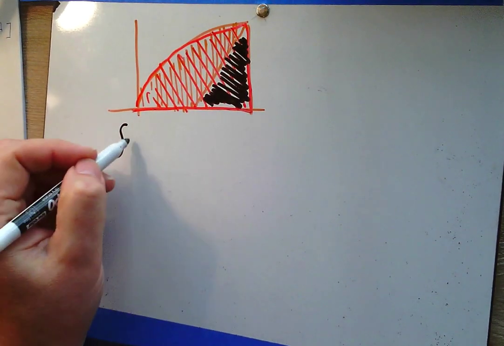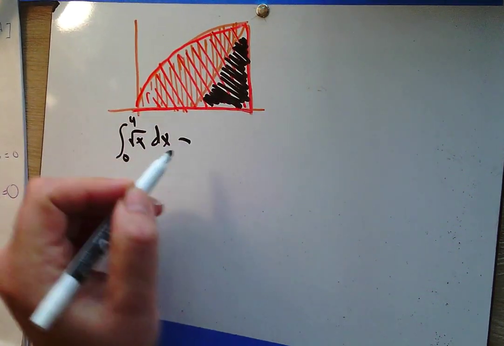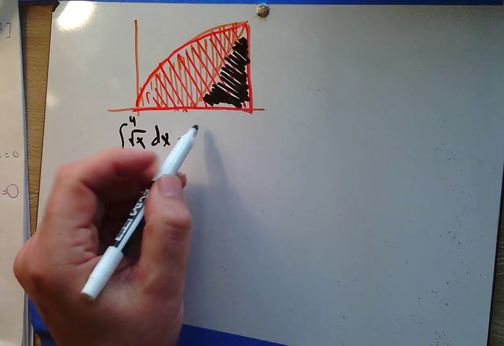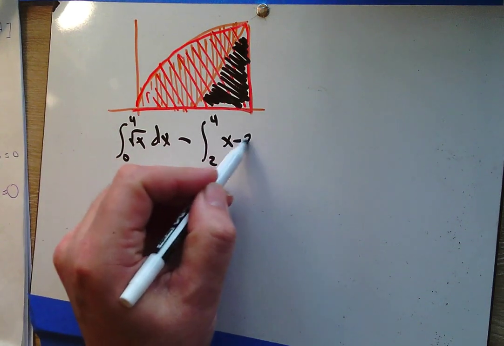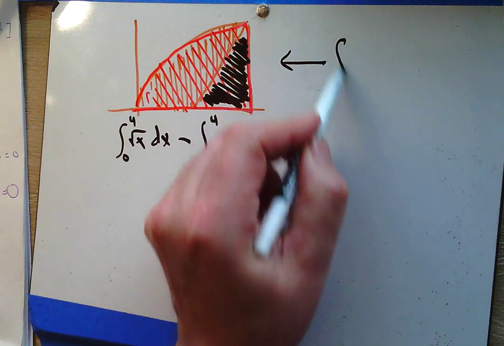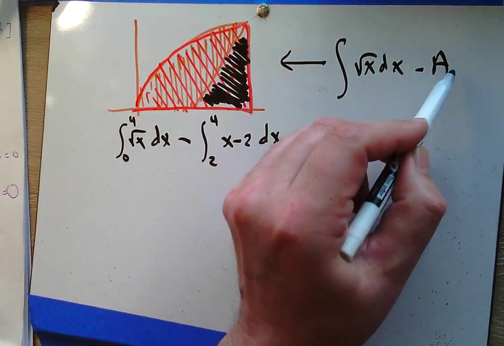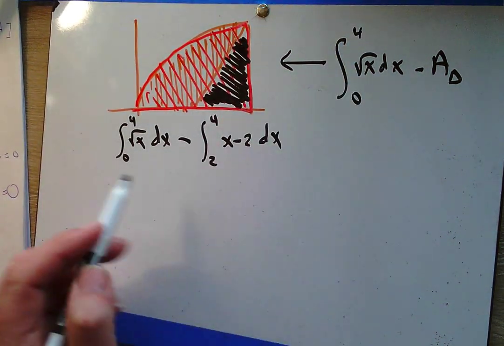So I'm proposing a third approach: square root of x from 0 to 4 minus the area of that triangle. And the area of that triangle is the integral from 2 to 4 of x minus 2 dx. Or you could say the integral of square root of x dx minus the area of that triangle from 0 to 4.